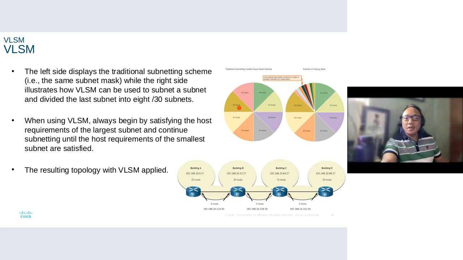Kung halimbawa ito yung pizza mo, the pizza can be divided into how many subnets? 30, no? 30 hosts yung kailangan mo. So you can divide one subnet and that can be divided into around 8 smaller subnets of 2 hosts each.